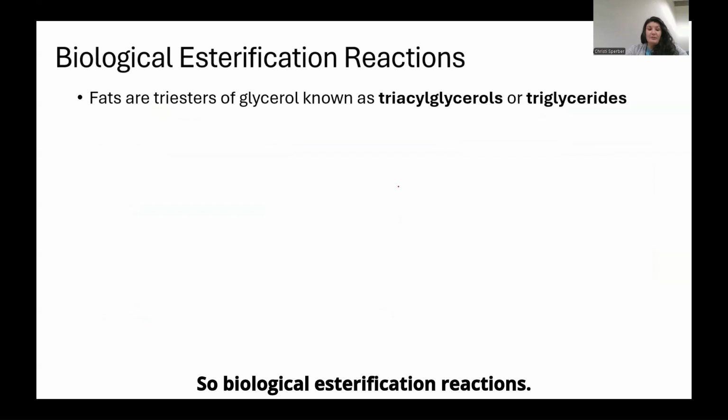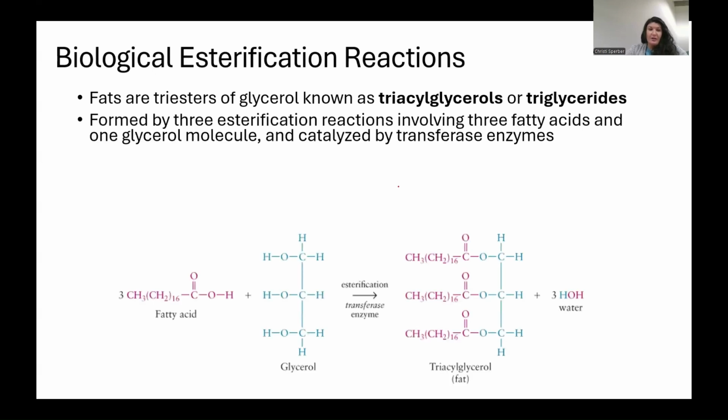As for biological esterification reactions, fats are triesters of glycerol known as triacylglycerols or triglycerides. They are formed by three esterification reactions involving three fatty acids and one glycerol molecule, and they're catalyzed by transferase enzymes. So you have a fatty acid, where this part right here is just a long chain alkane, and then you have your carboxylic acid part.